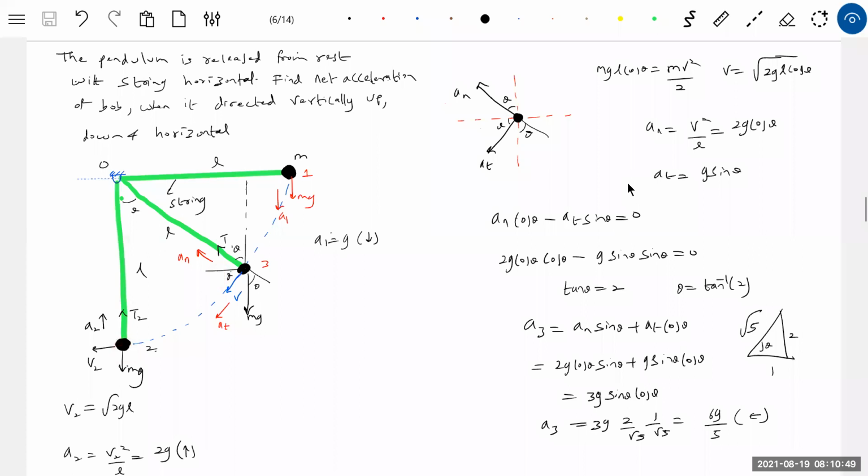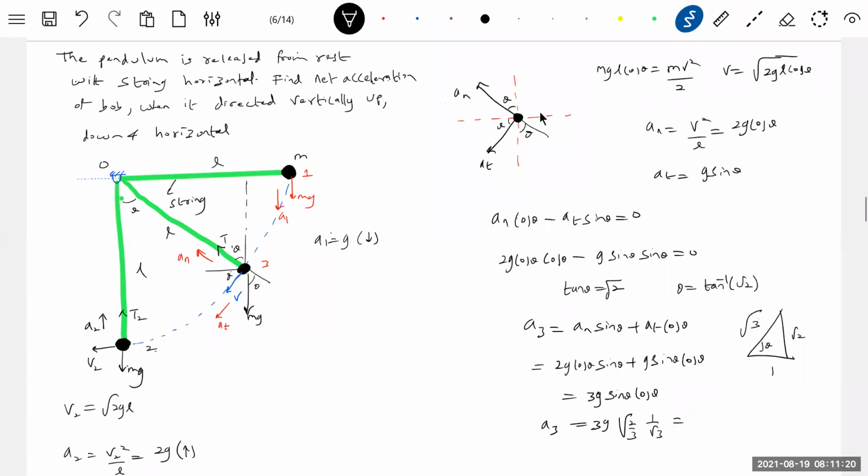Tan theta is root 2, yes sir. In a hurry I made an error, I'll make changes. Then this will be root 2, and this root 3. Sine theta will be root of 2 by 3.